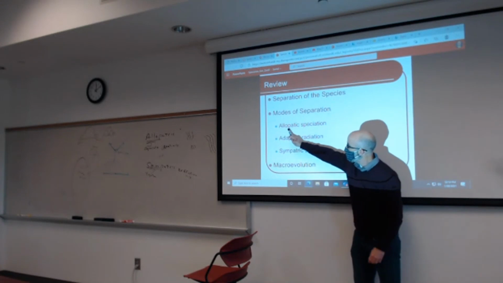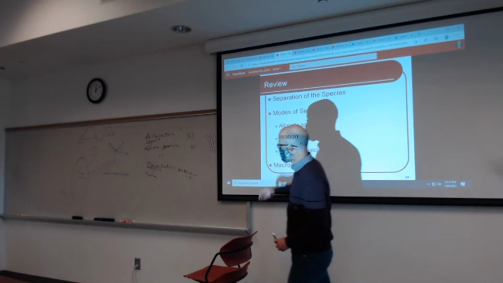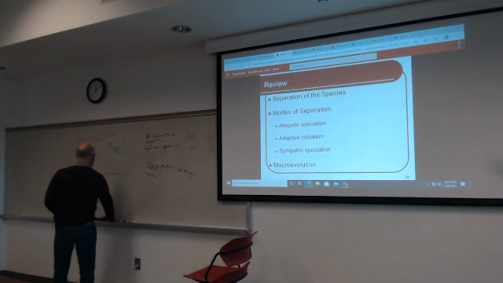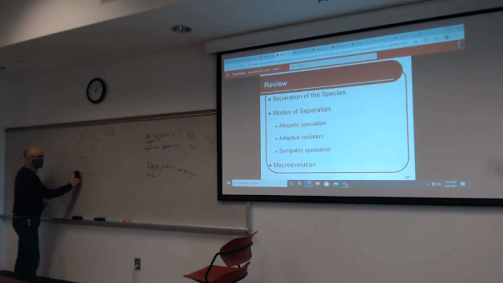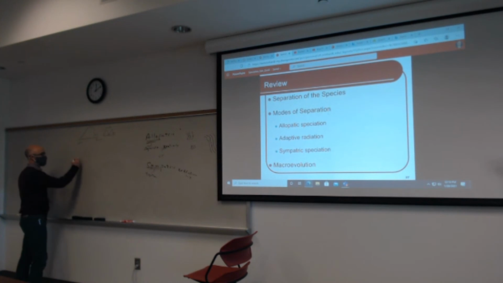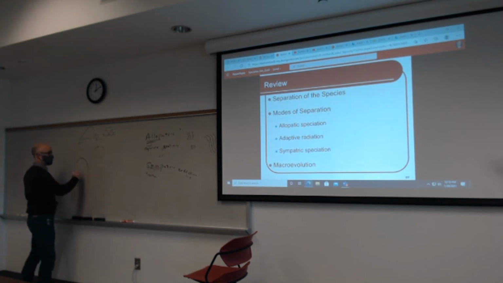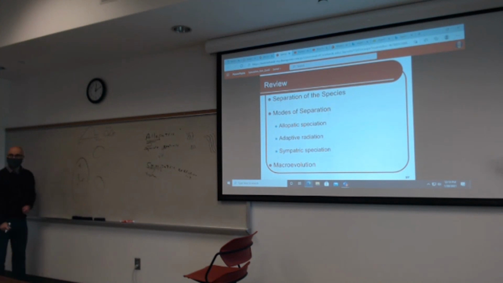Okay? That generally happens. Why is it more likely that speciation would happen allopatrically? Why does it make much more sense that if we have a population, population A, why is it not likely that population A is going to split into A and B right here on the same island?